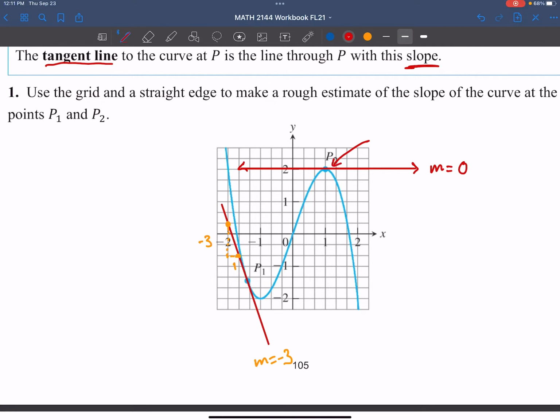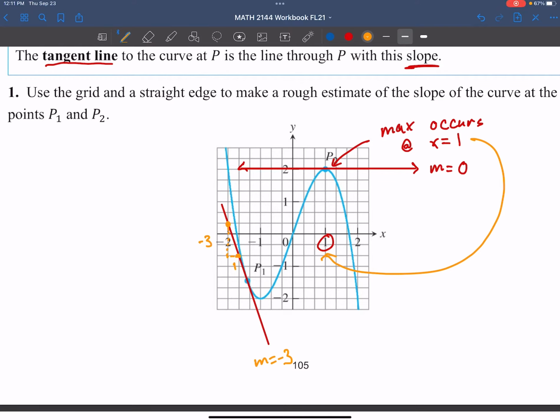And one of the takeaways in this case is notice that this is where a maximum occurs, at x equal to 1. So again, we're starting to observe the relationships between the graph and the slope of the tangent line, aka the slope of the curve, which we're going to build upon in the coming lessons.